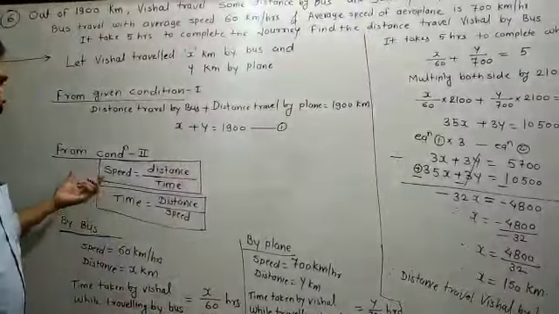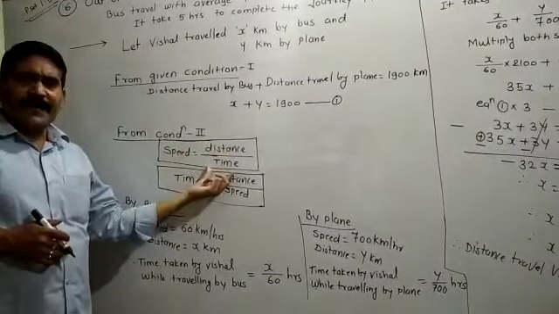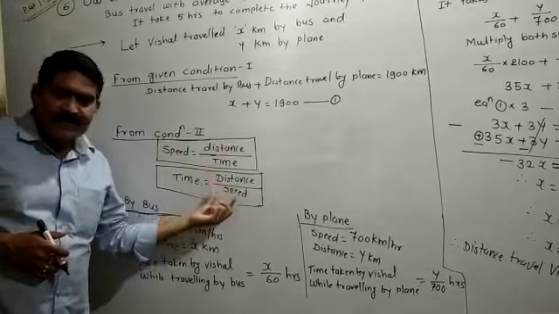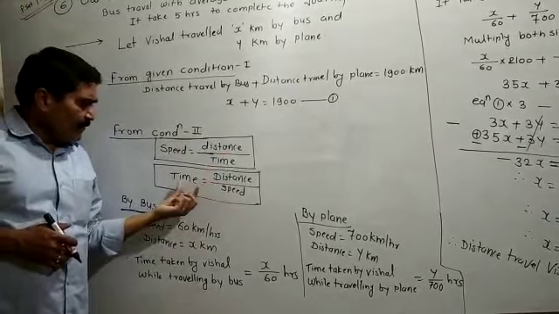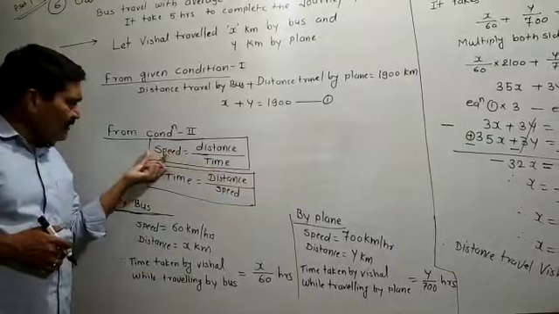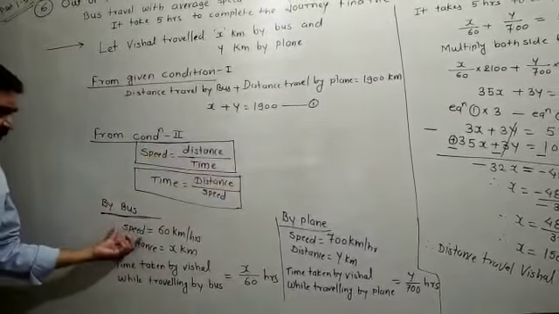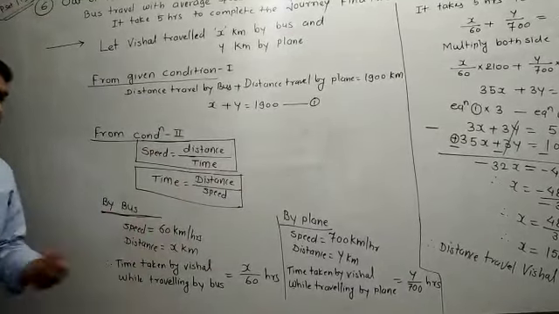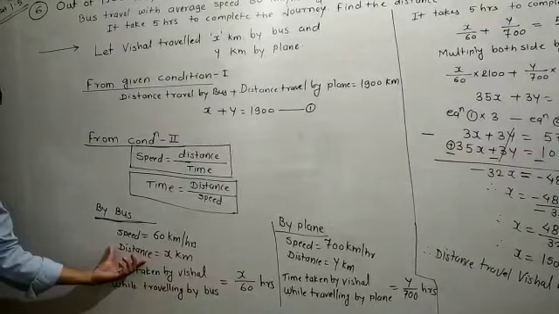So first of all we know that speed is equal to distance upon time, and from that time is equal to distance upon speed, because you have to transpose time to this side and speed to this side. The speed of the bus is 60 km per hour and the distance traveled by bus is x kilometers.